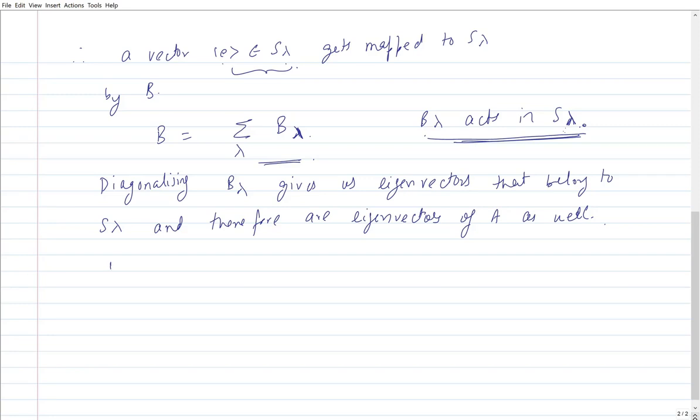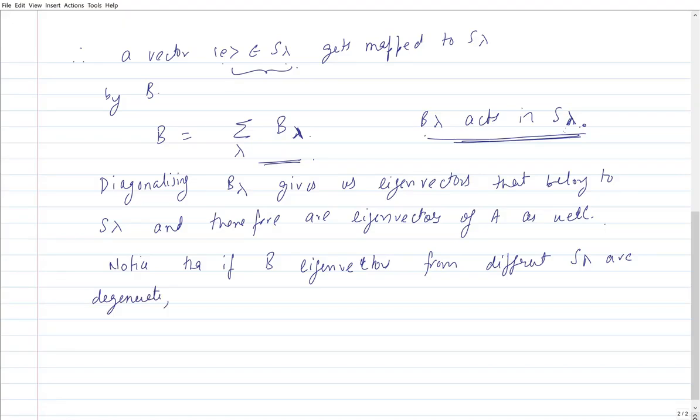Of course, notice that if B eigenvectors from different S lambda, different eigenspaces of A, are degenerate, then we can superpose them to make B eigenvectors that do not lie in S lambda.